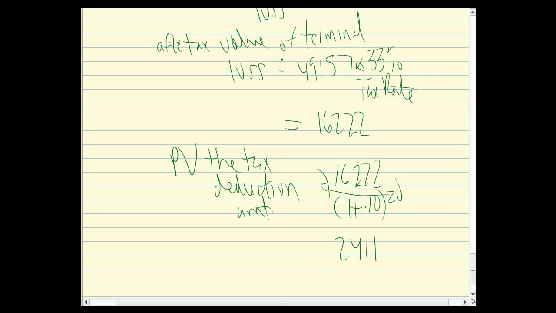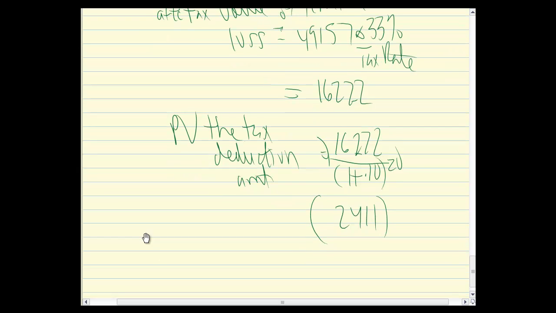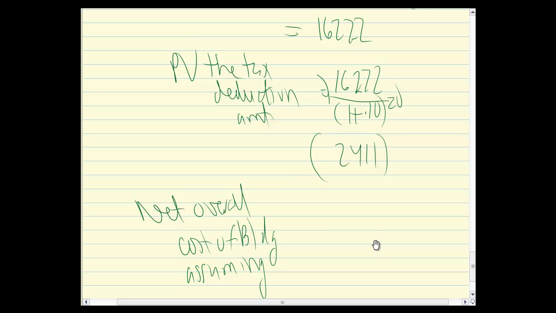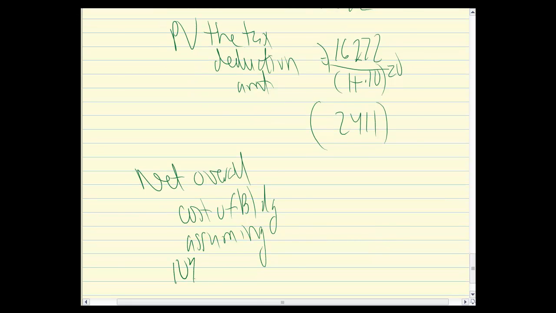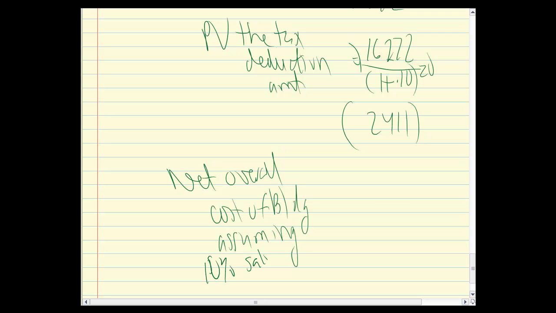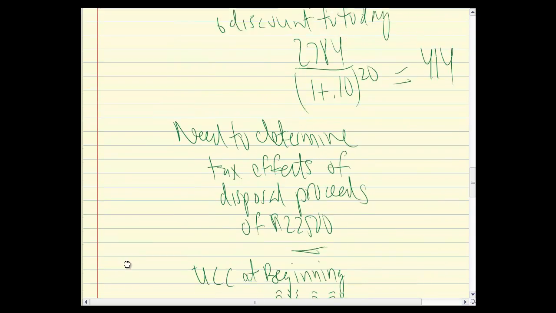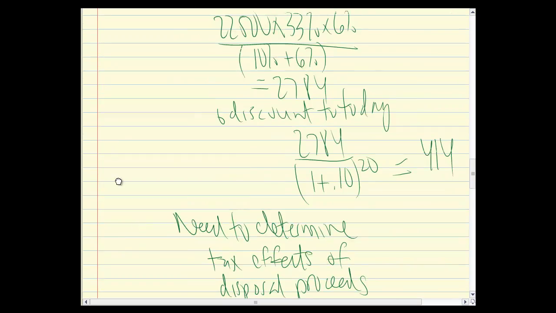It's reducing the cost. So now, the net overall cost of the building, assuming 10% salvage, equals the sum of, what do we do here?